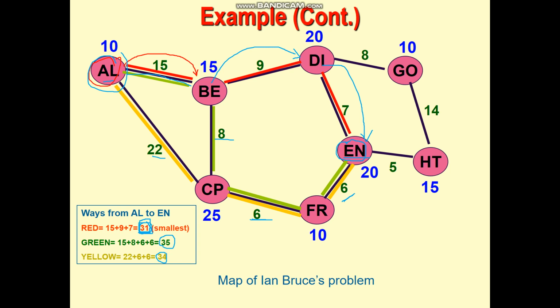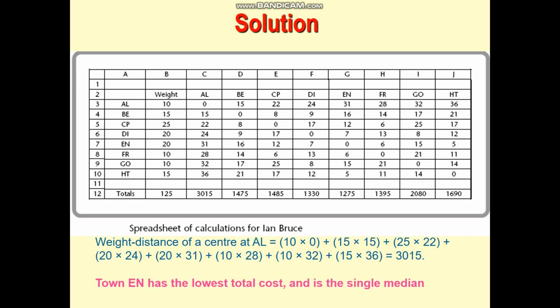So we assume that the distance from AL to EN is 31. In the same way, you can find the distance from AL to FR, or AL to BI, or BE to GO, for example. So we will have the distance matrix.